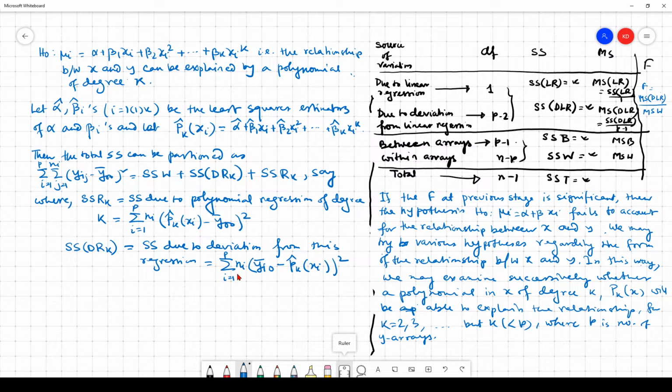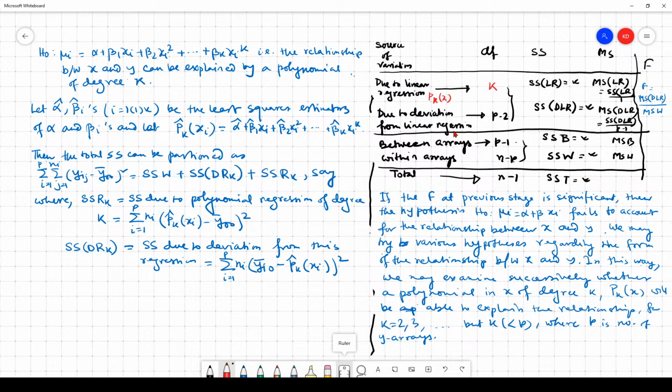So the Anova table, we can construct the Anova table for this hypothesis. This is due to regression, that means Pk x, and the degrees of freedom should be, instead of 1, this should be k, because we consider k degree polynomial.